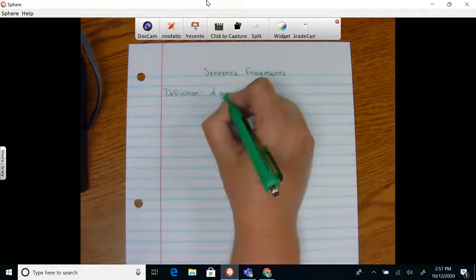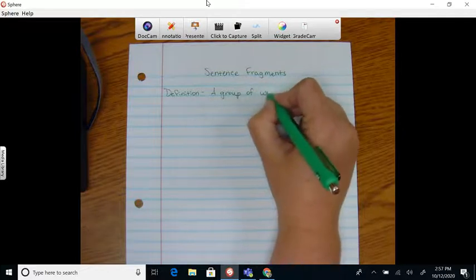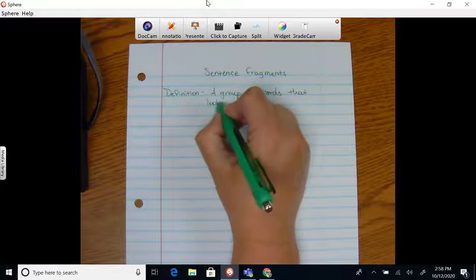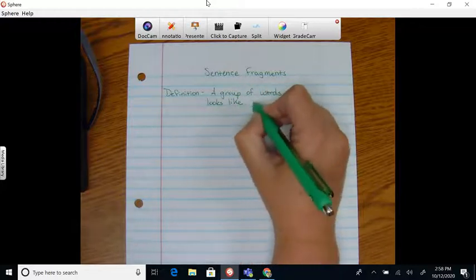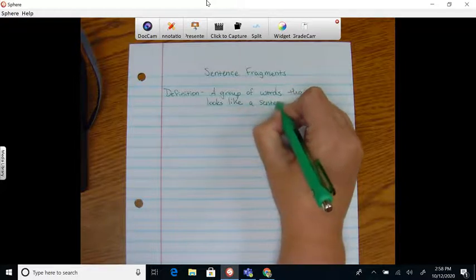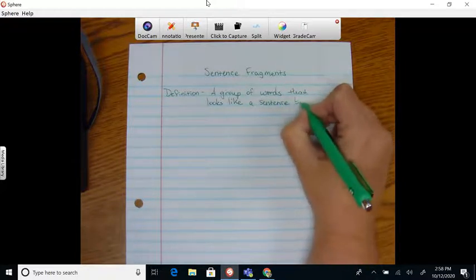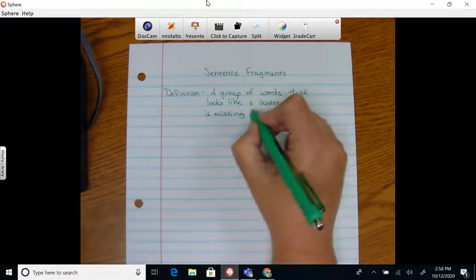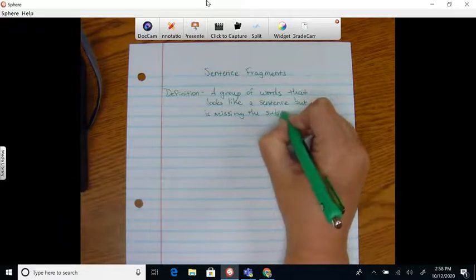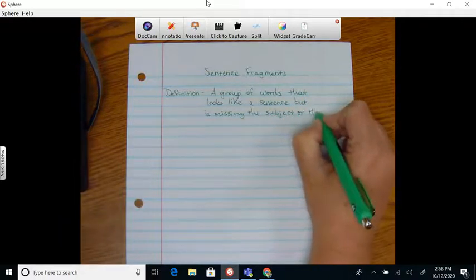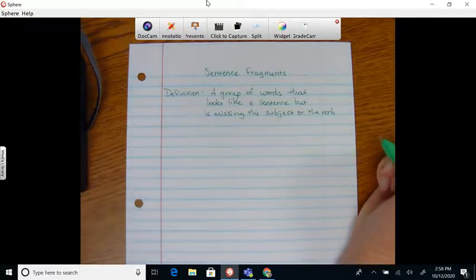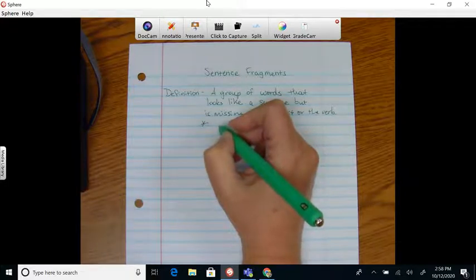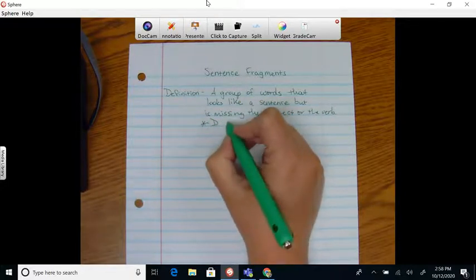So a group of words that look like a sentence, but is missing the subject or the verb. It's an imposter, right? It is not really a sentence. It's pretending to be, but it's not.